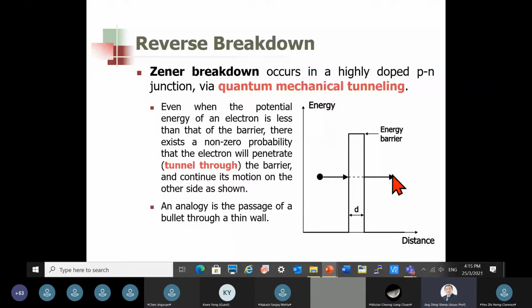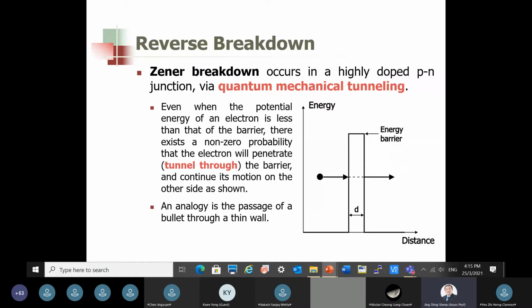In other words, if we solve the Schrödinger equation for this problem, and we are able to get a real solution for the electron wave function on the right side of the barrier, then it indicates that the electron has a finite probability of surmounting the barrier and getting to the other side of the barrier. Okay, so this concept is called quantum mechanical tunneling, as though the electron is tunneling through the potential barrier.